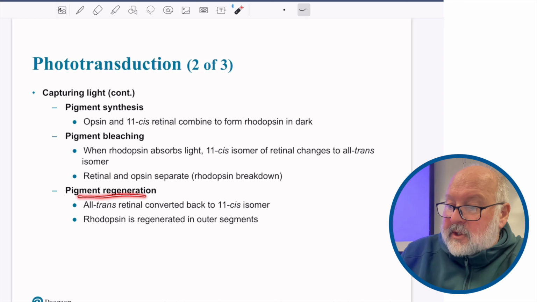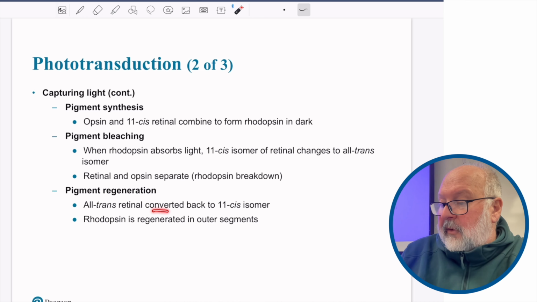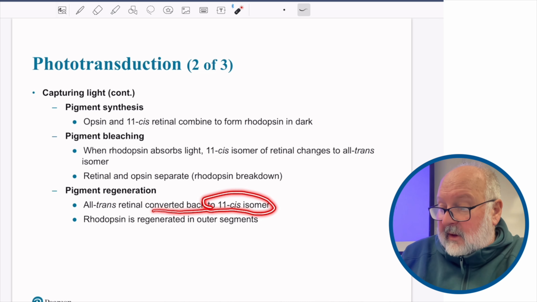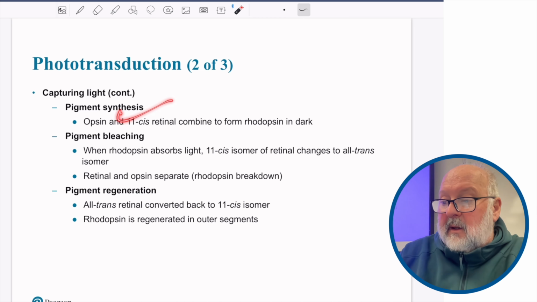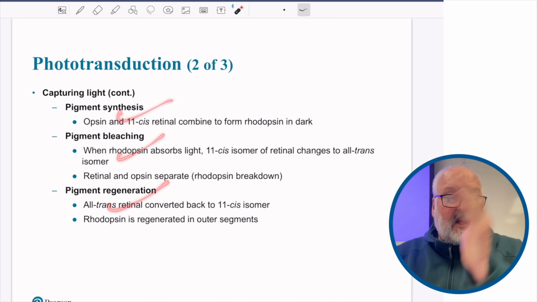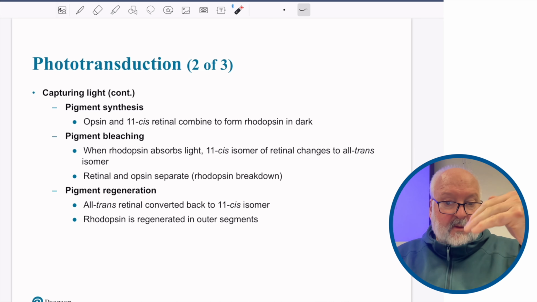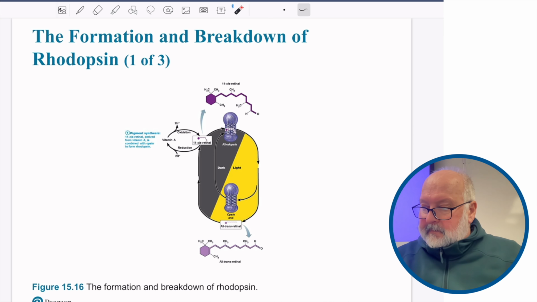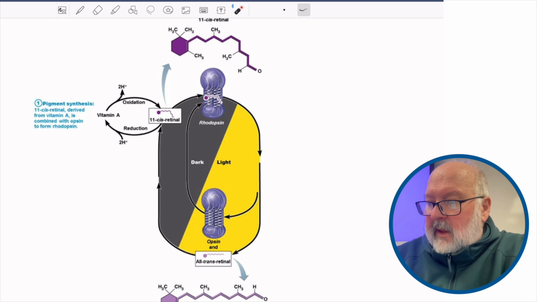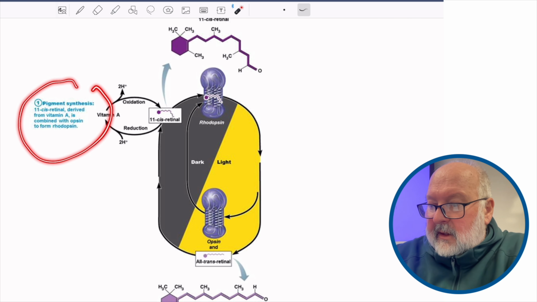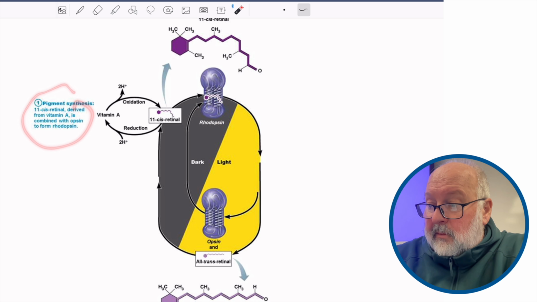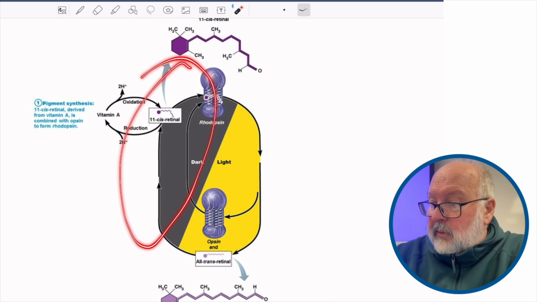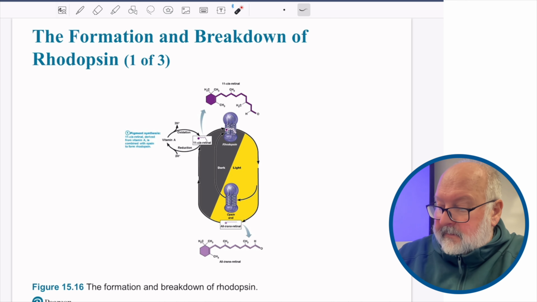And then regeneration: the all-trans retinol is converted back into the 11-cis isomer, and rhodopsin is regenerated. So I create it, it's bleached, I get a regeneration, and I'm changing the isomer shape as I go. And we can see it here, pigment synthesis: the 11-cis retinol derived from vitamin A combined with opsin to form rhodopsin, right? And remember, we're dealing with what's happening in the dark here.